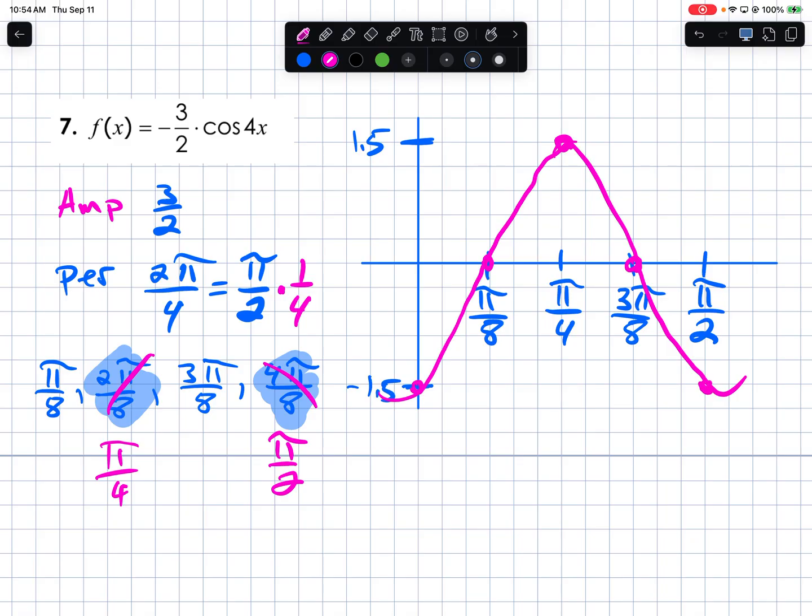Right? So we had to start down this time because there was a negative, right? Which means a reflection over the x-axis.